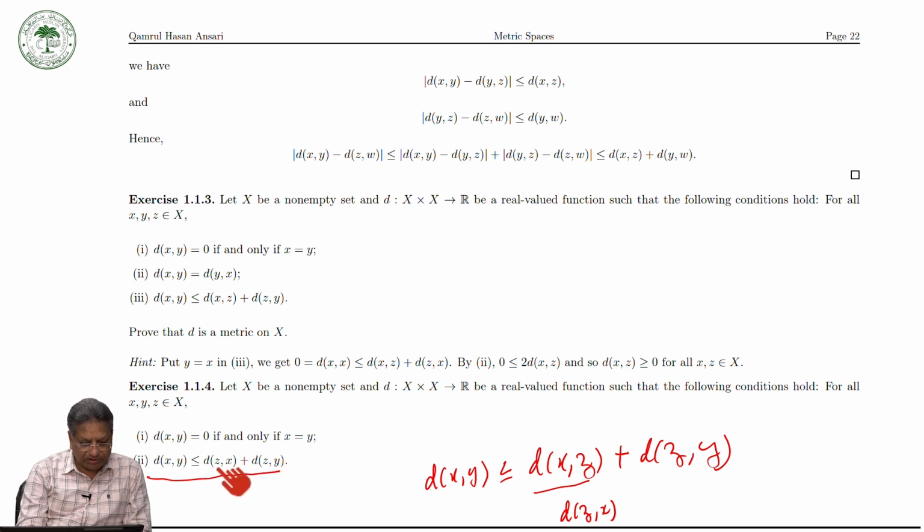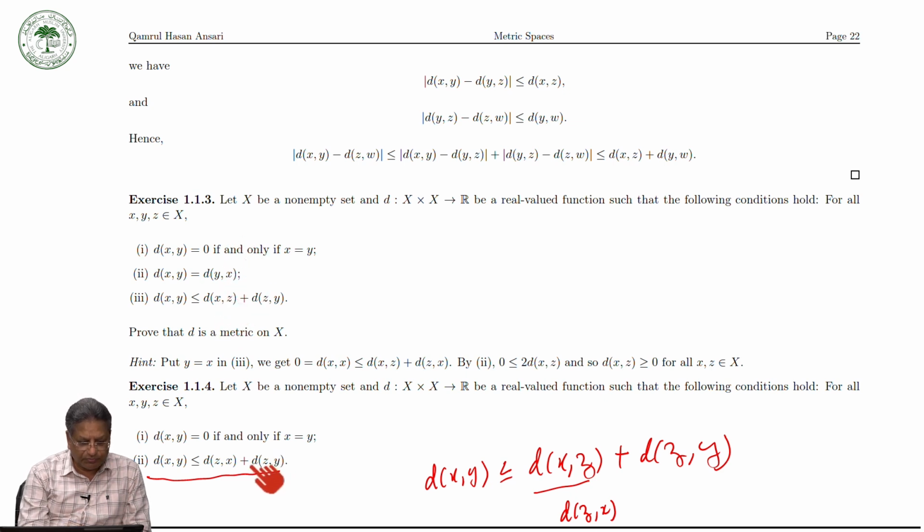If we can prove the symmetry condition, then dzx can be written as dxz, and then we will get the triangular inequality. So we will have all these conditions from the previous exercises, and from these exercises we can see that d is a metric.